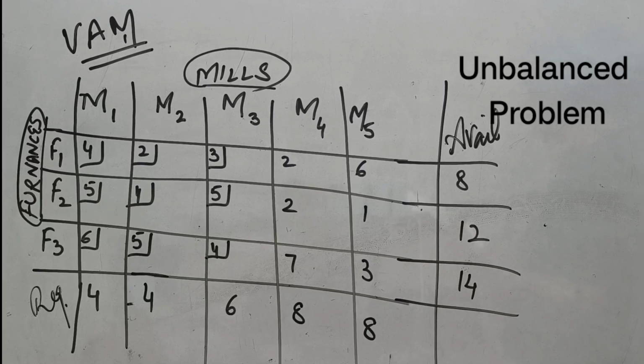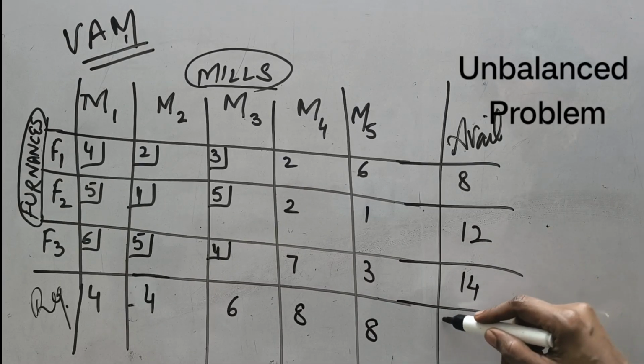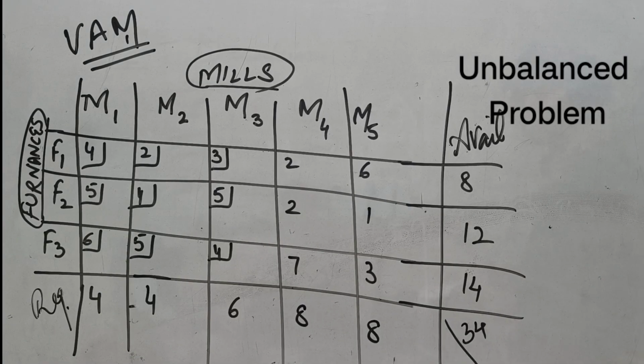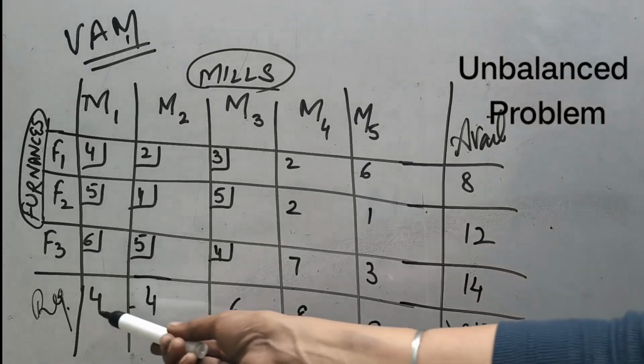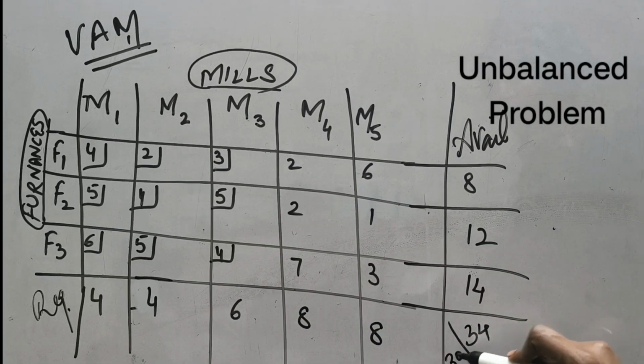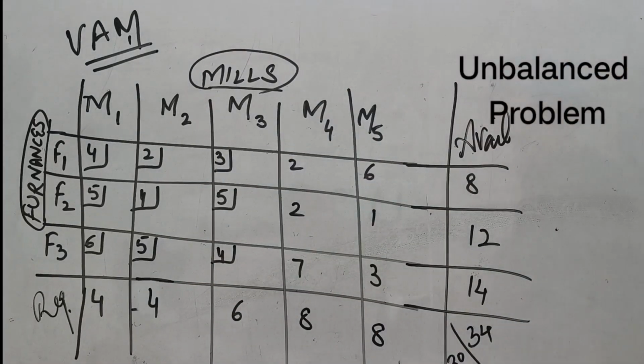From both the sides we have to total it out. If I total 8, 12, 14, this comes out to be 34, right? And if I total from this side, it comes out to be 30. So the total is not the same from both the sides. It means requirements and availability are not the same.